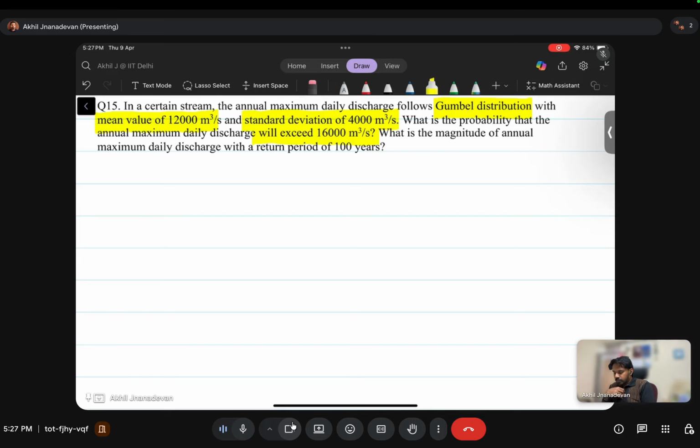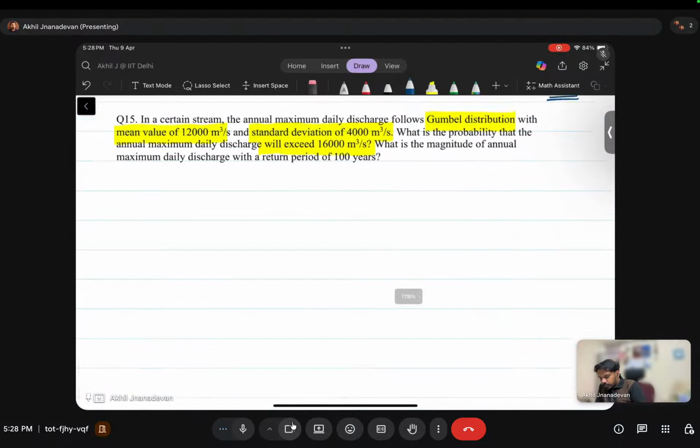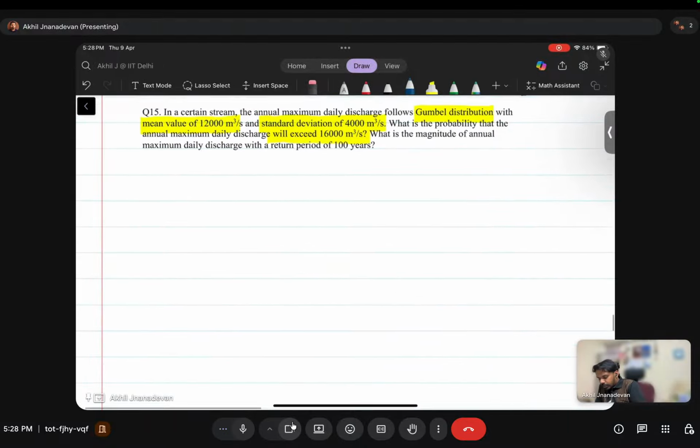So this is how we need to fit a Gumbel distribution. We need to see what the Gumbel distribution is. Once we fit a Gumbel distribution, we can directly find the probability, right? Basically, it is easier to remember the CDF, the cumulative distribution function of the Gumbel distribution.